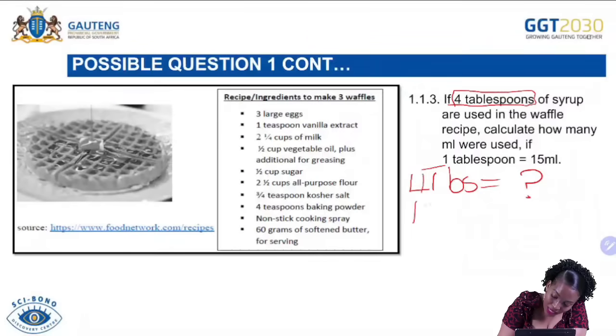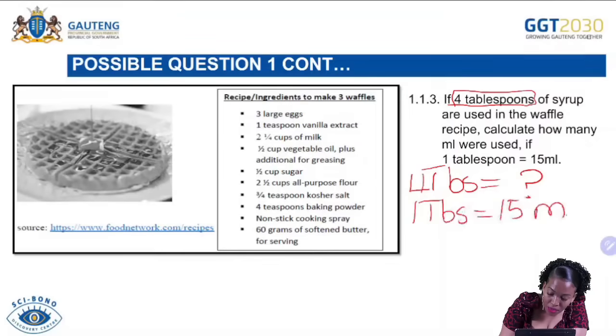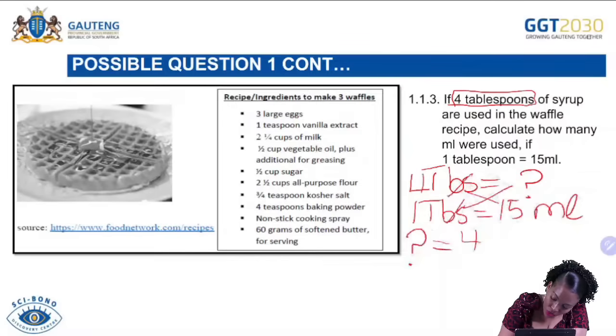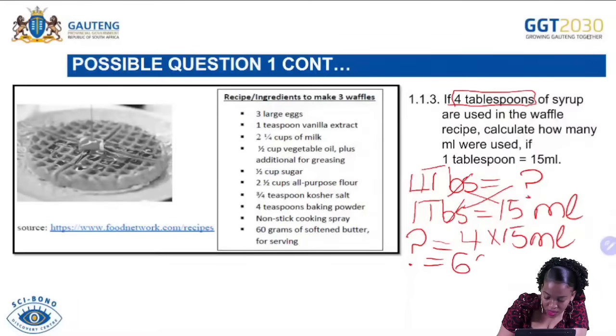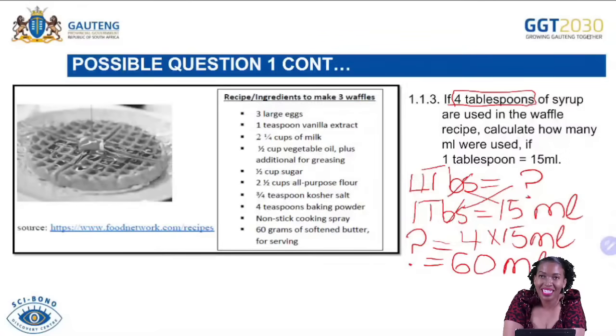I know that 1 tablespoon will definitely give me 15 milliliters. And then from here on, again, I am going to cross multiply. 1 multiplied by the question mark is still my question mark, and then there will be 4. The tablespoon and the tablespoon, they cancel. So it is 4 multiplied by 15 milliliters, which is equal to 60 milliliters. I hope you guys are getting the same answer that side. It is 60 milliliters.